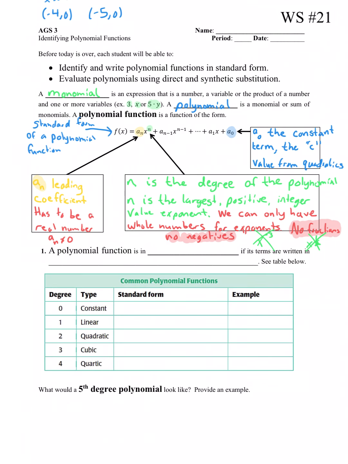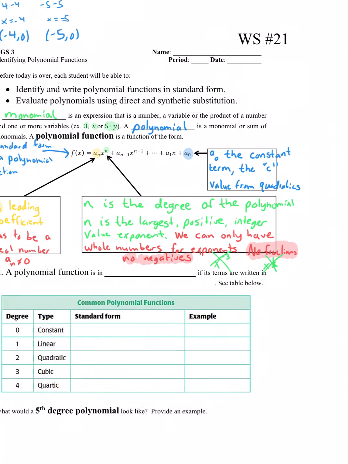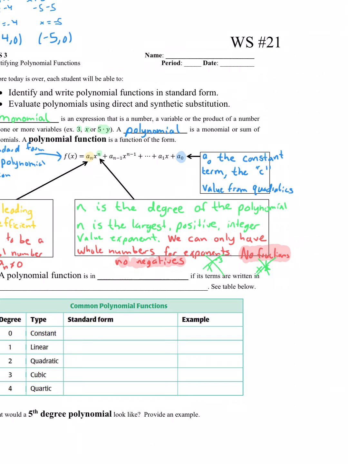What I mean by the C value is when we had standard form of a quadratic, we had ax squared plus bx plus c. C is that constant term. Another way you can think about it is whatever the polynomial function is, this is also the y-intercept. It would be (0, a sub 0), whatever that value is, would be your y-intercept of the function.